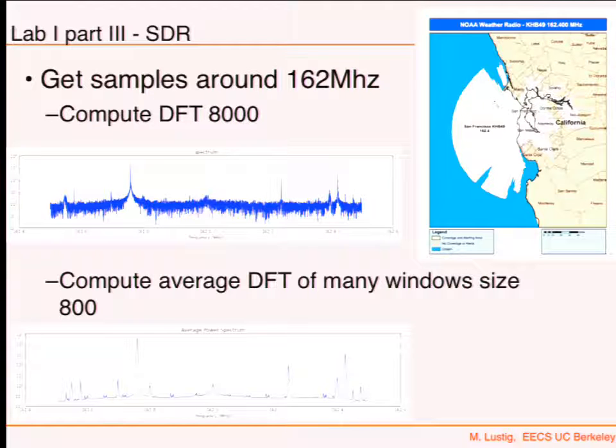So now the lab, the first thing you're going to do is tune to a frequency around 162 megahertz. And around 162 megahertz, there are the NOAA weather channels. NOAA is the National Oceanic Atmospheric Agency, maybe, or something like that.